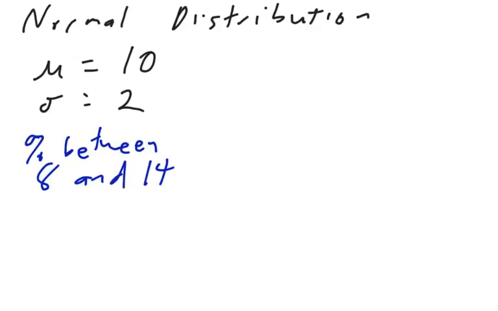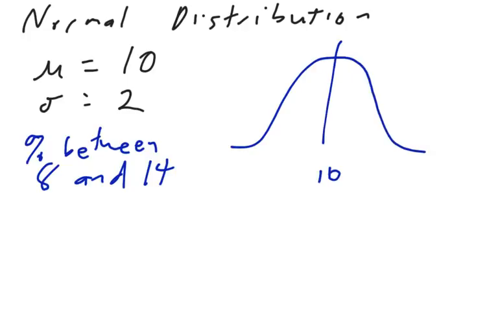Alright, we'll try one more here. This one is the toughest. What is the percentage between 8 and 14? So here's my curve. Here's 10. 14 is 2 standard deviations up. 8 is 1 standard deviation down.